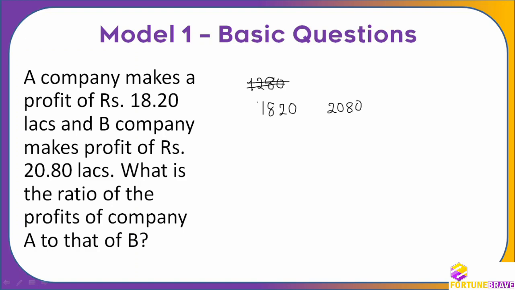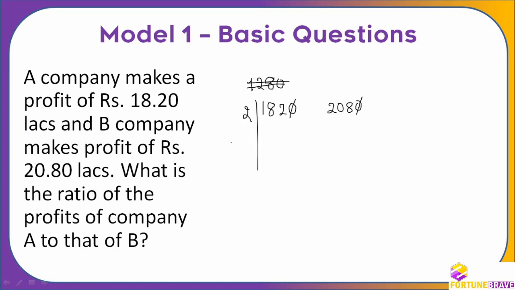Now I have to find out the ratio. Again I am going to do it not so elaborately. Now try to understand, 182. It is divisible by 2. Is it divisible by 4? It's not divisible by 4, so we are going to do it by 2.